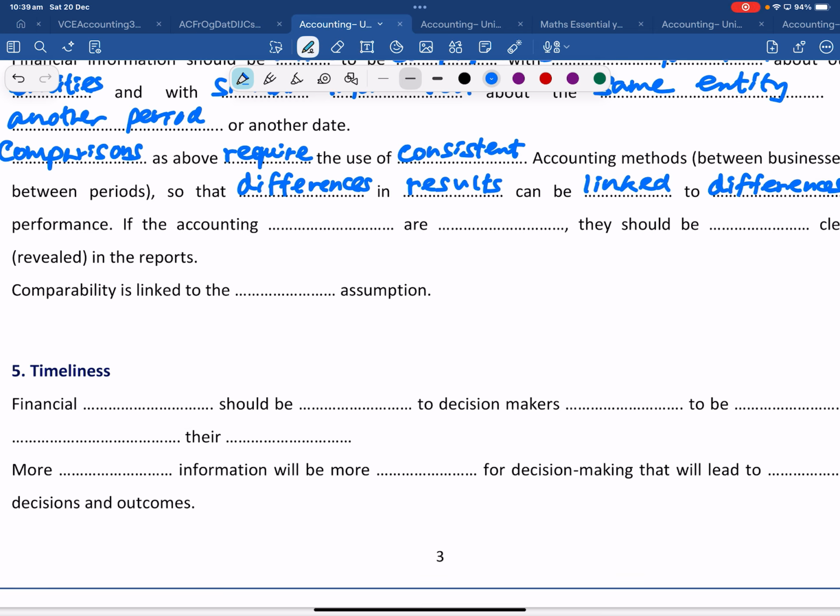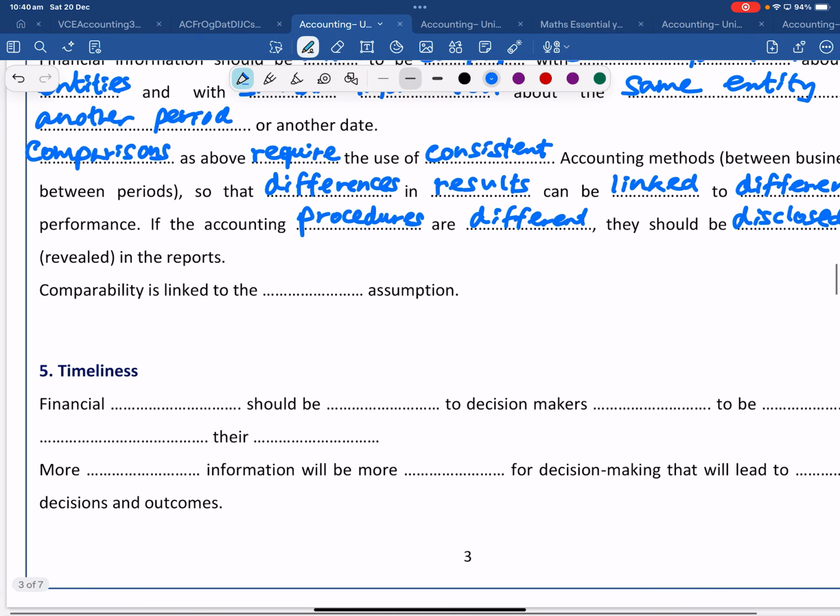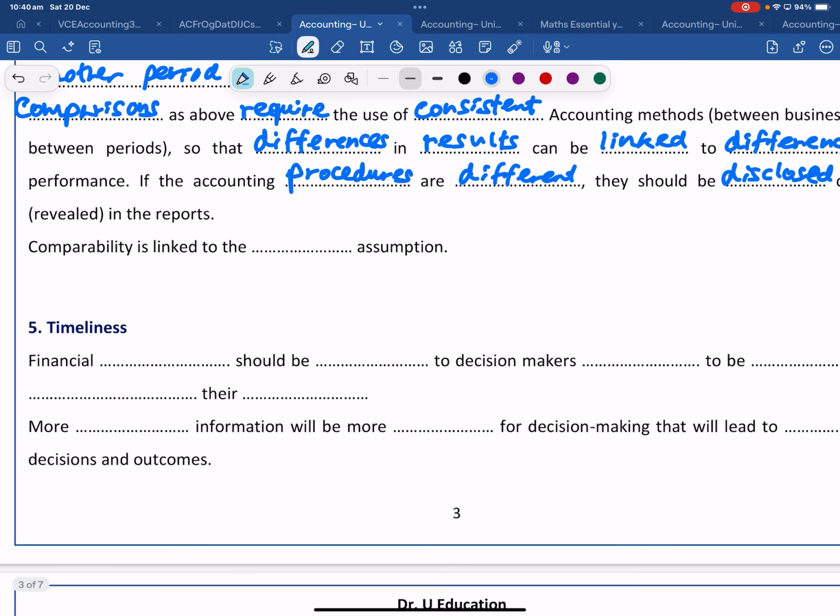First off, if the accounting procedures are different, they should be disclosed clearly in the reports.